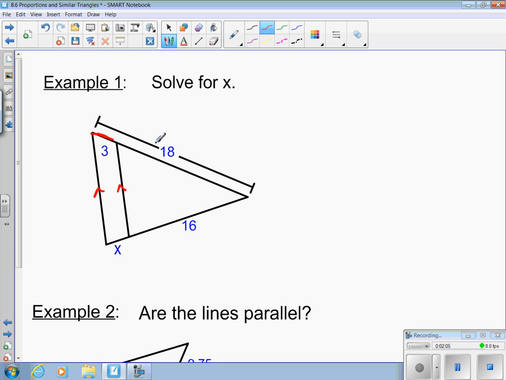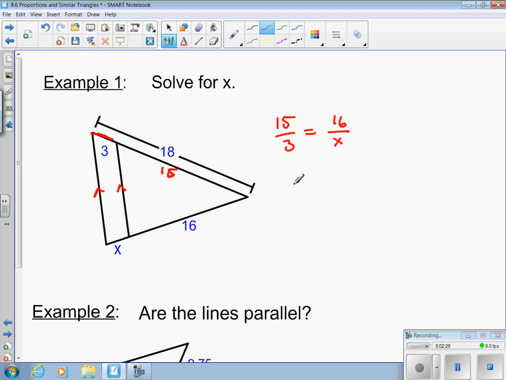You can feel free to label everything you know when you're trying to solve one of these. This is 15. So I know the ratio of 15 to 3 is going to have to equal the ratio of 16 to x. This side to this side.